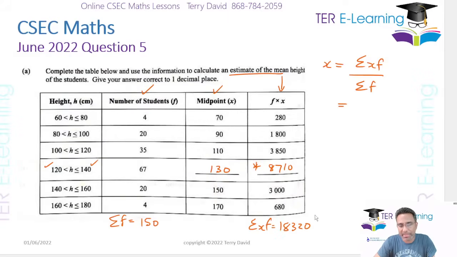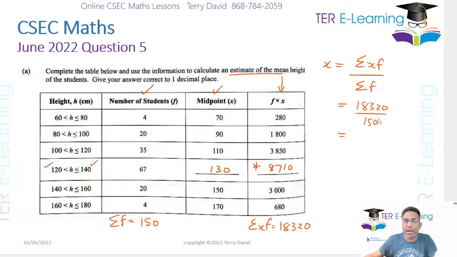So 280 plus 1800 plus 3850 plus 8710 plus 3000 plus 680, and that's okay. So 18320. All you need to do now is say 18320 divided by 150, and that's going to give you a mean height.